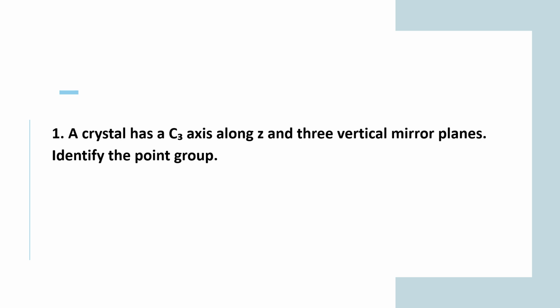Moreover, it has three vertical mirror planes, which, when we discussed mirror planes in our previous lecture about point groups, are denoted by sigma v. So it has one C3 axis and three sigma v's. What will be the point group associated with this given crystal?